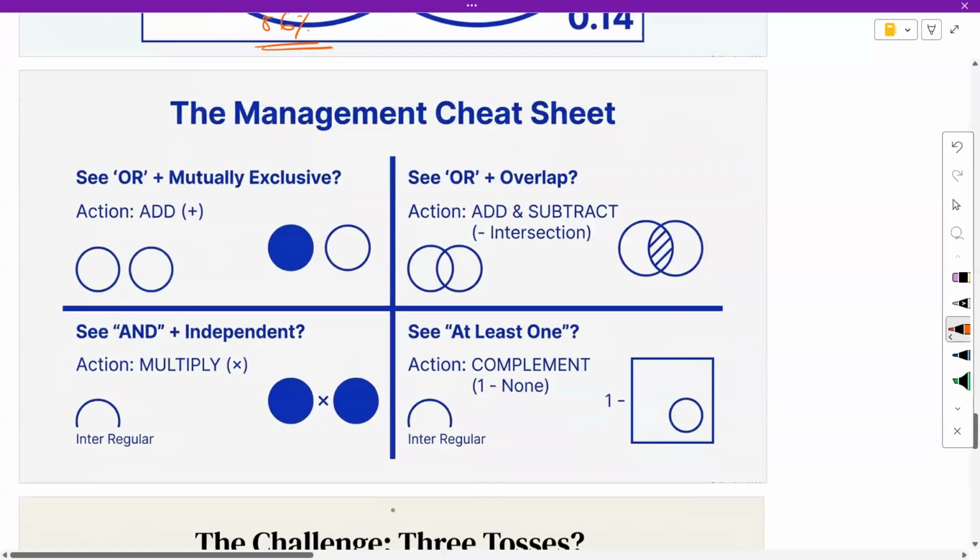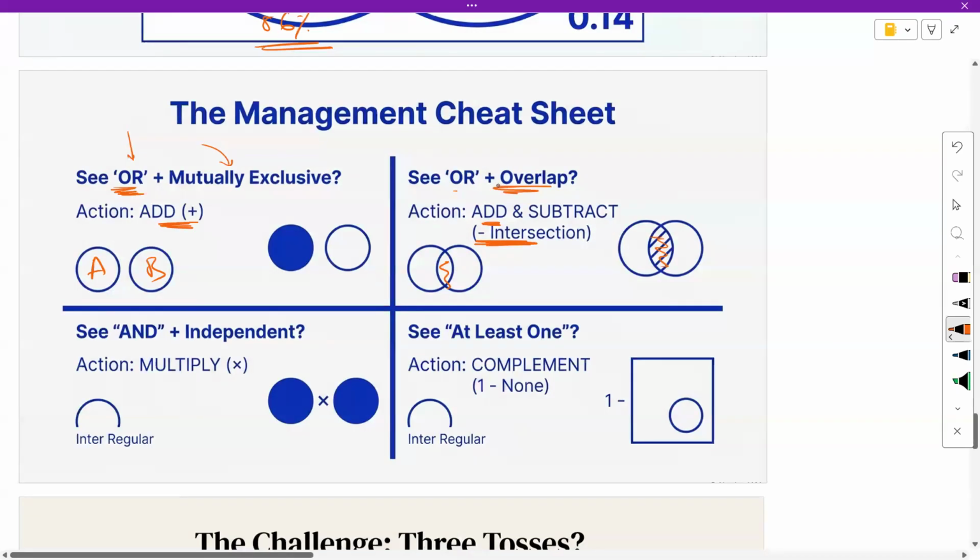This is the summary, the management cheat sheet. For OR, we apply it when the condition is mutually exclusive: very simply, we add probability A and probability B. If there is an overlap, we can see this area, in that case add and subtract the intersection.